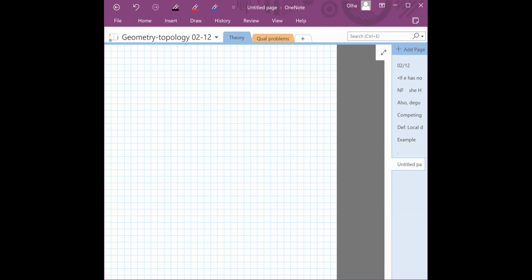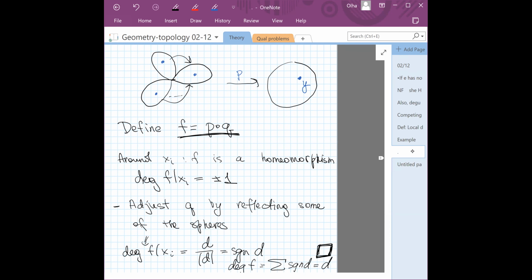Actually, I had a question related to that. In computing the degree, we said suppose there's a point that has a finite fiber. There are lots of maps that won't have that, but I can't think of any that aren't surjective. So I'm curious, is there a surjective map from a sphere to itself such that every point has infinite preimage?